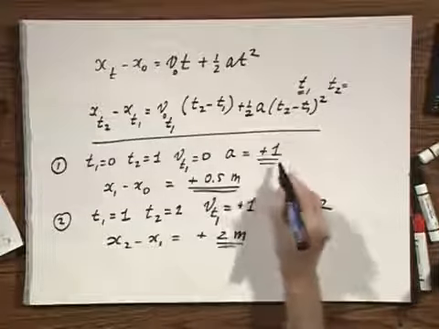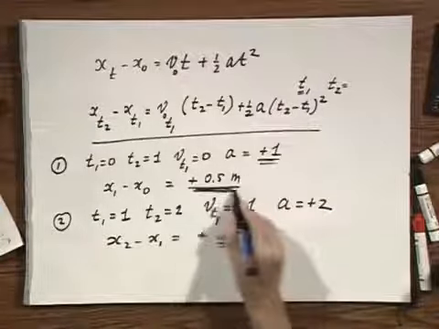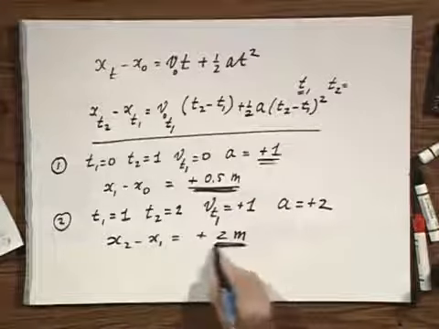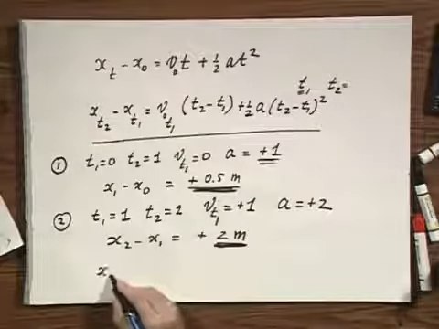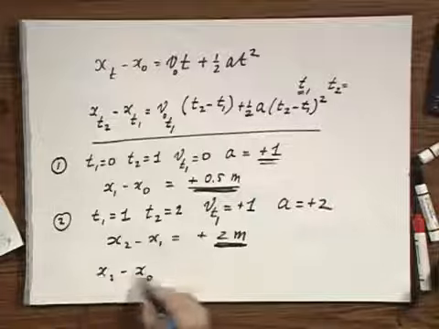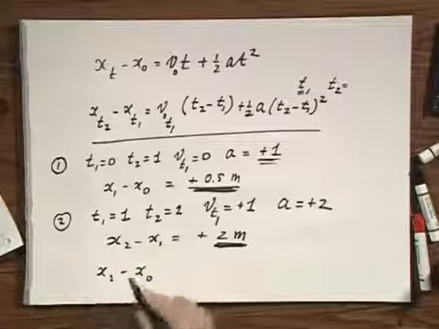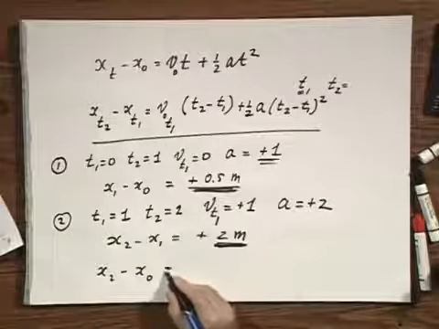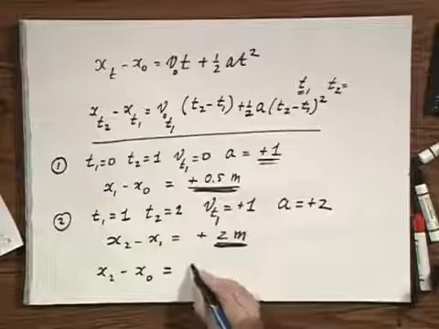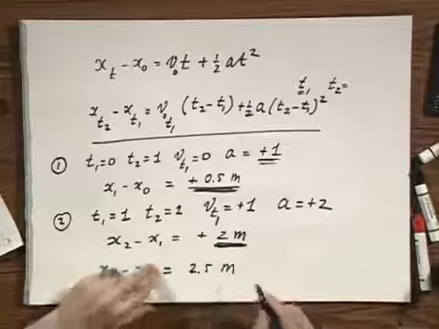In other words, in the first second, it moves 0.5 meter. In the second it moves 2 meters. And so x2 minus x0, which is how far it moves in the first and the second, that is of course 1/2 plus 2, so that would be 2.5 meters. And we will continue this process.